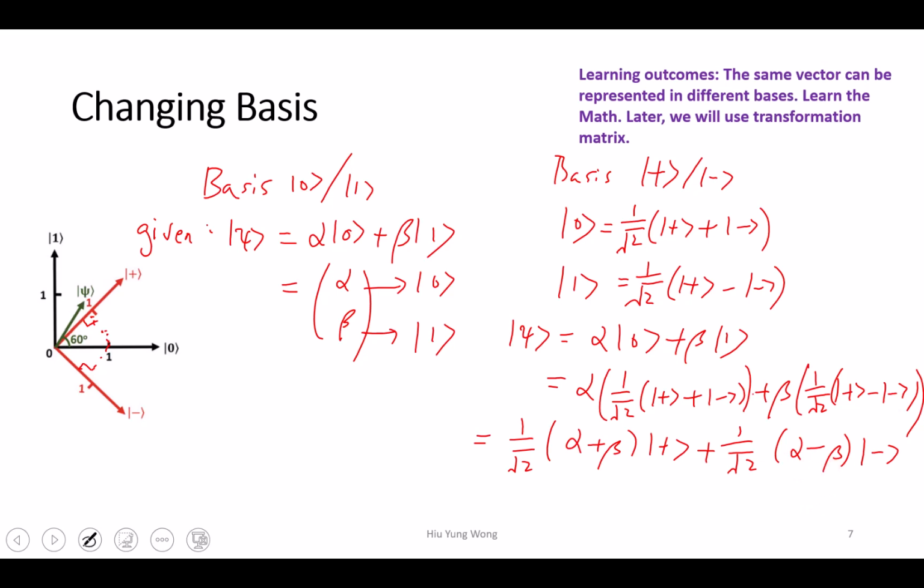How about in the matrix form? I can write it as alpha plus beta, alpha minus beta, each divided by square root 2. Again, for the same vector, I have a different matrix form, because I'm using different bases. Now I'm saying that I have alpha plus beta divided by square root 2 amount of plus, and this is minus.